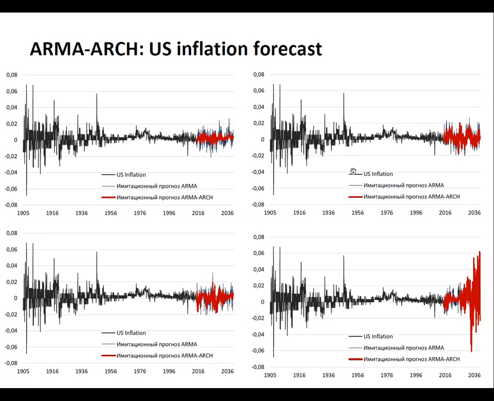Arch does not accept this division into before and after. Arch analyzes this variance as a single data generation process. Therefore, Arch perceives that the explosion of inflation that was observed before the 50s is likely to occur. Well, it is also likely that there will be a situation where there will be a slight fluctuation around the average. That is, the dispersion will be small.